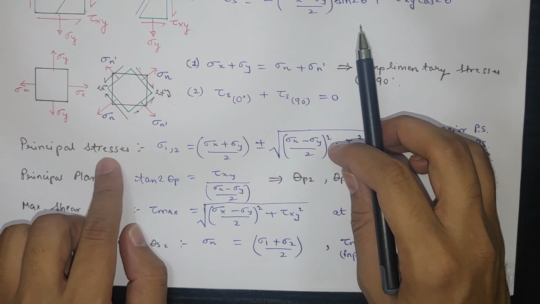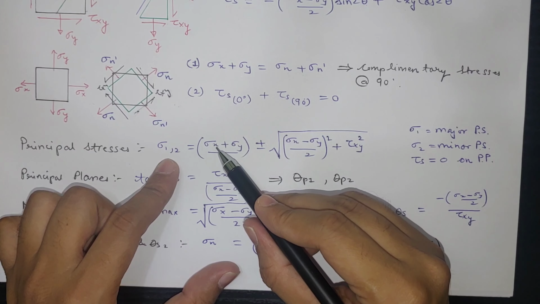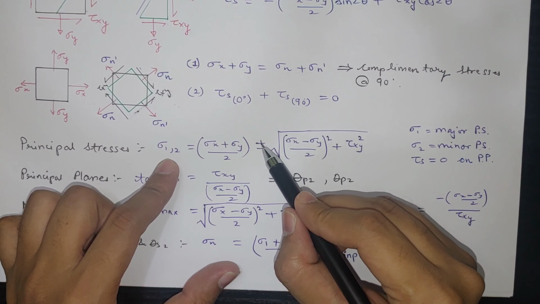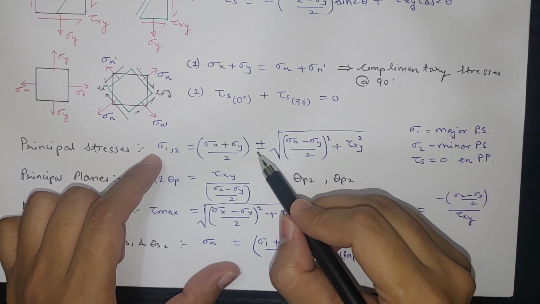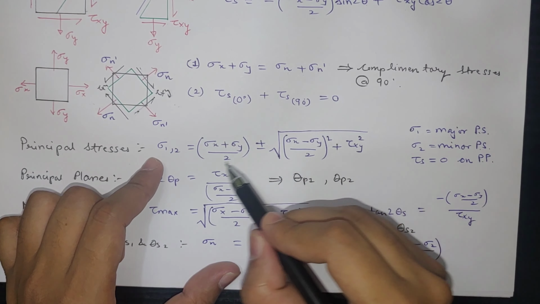Sigma 2 is the minor principal stress. Sigma 1 and sigma 2 are also complementary, meaning they are at 90 degrees. The plus sign is used to calculate sigma 1 and the minus sign to calculate sigma 2. So plus minus means we get two equations, and sigma 1 will be higher than sigma 2. These two are called the major and minor principal stresses.